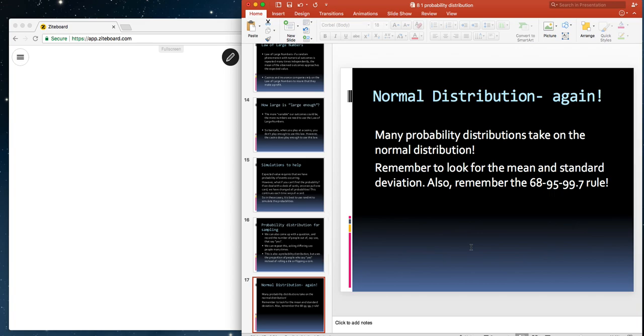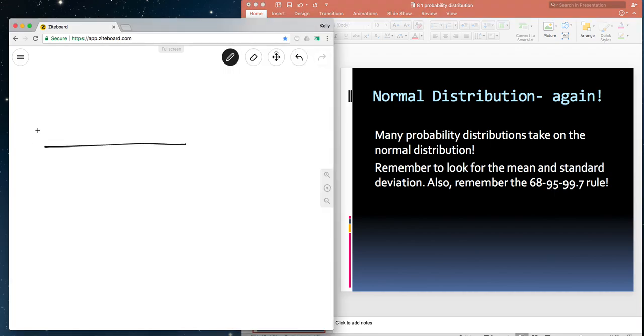Now, it turns out we studied the normal distribution, I'm going to say in chapter 2 or 3. That was that whole thing that looked like this. It looked like a bell. You guys remember studying this? It turns out that our probability distributions start to take on the shape of the normal distribution again.